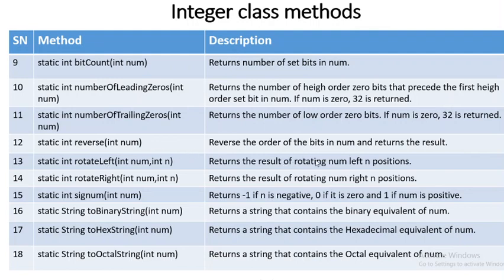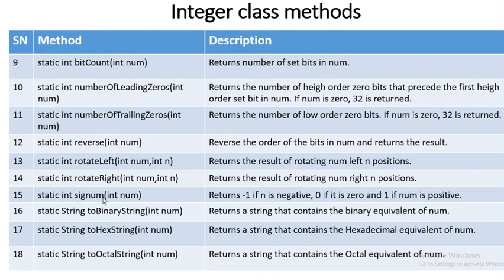It returns the result of rotating the number left n positions, and whatever new number is formed will be returned. The next method, similar to this one, is rotateRight. Whatever number you specify, it will rotate that number by n positions towards the right-hand side, and the new number generated will be returned.